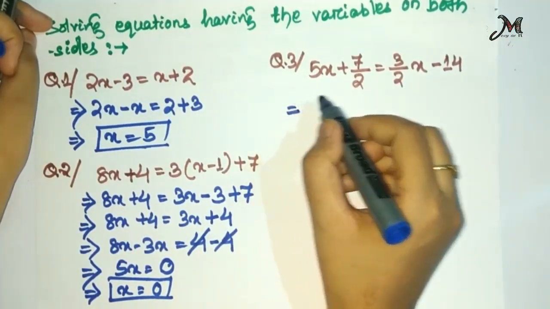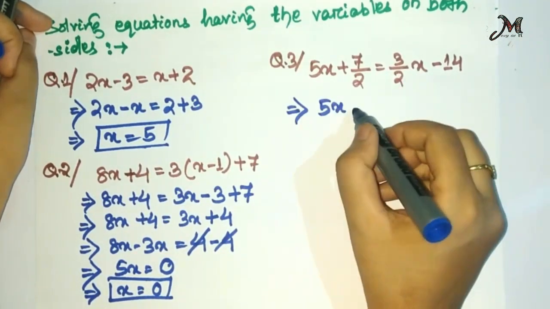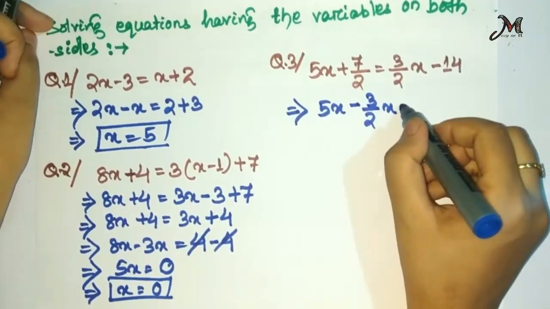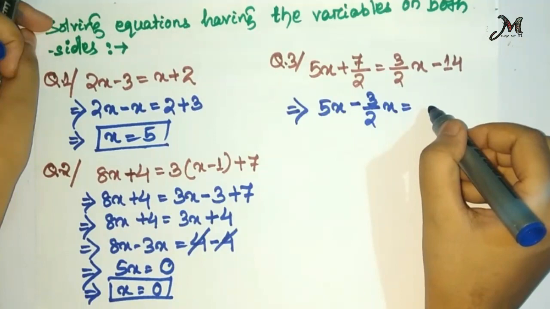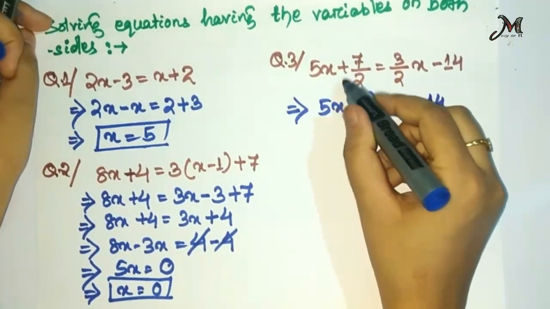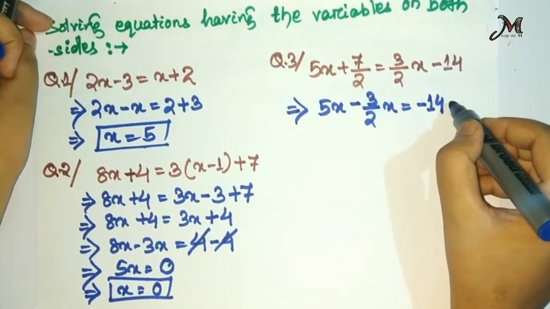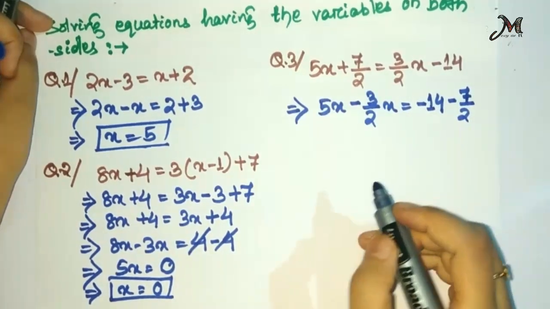Okay, so we can write 5x, clear. On the right hand side we have minus 14. Okay, so that's minus 14, plus 7 by 2 will go towards the right hand side and it will become minus 7 by 2. Clear?